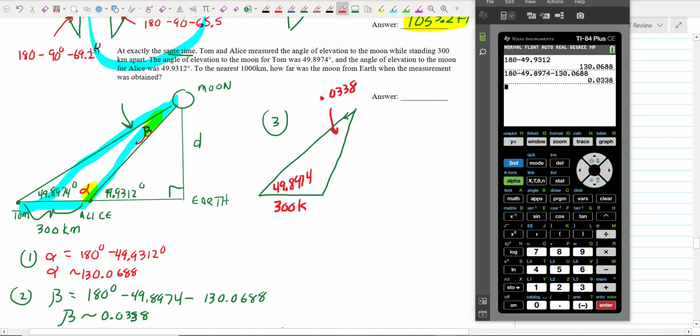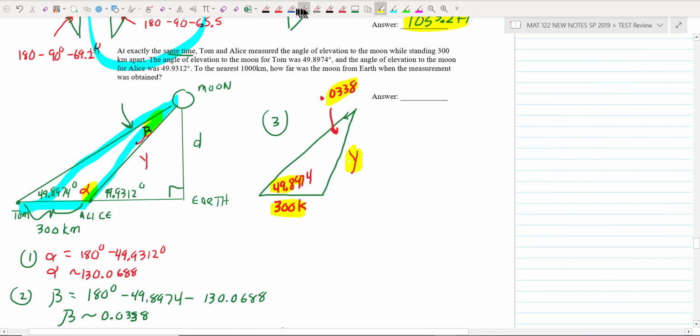Now we could figure out this side. I'll call it the hypotenuse. No, that's not a hypotenuse, it's not a right triangle. I can call it whatever variable I want, so I'll call this y. Notice I have enough information: I have an angle and the side opposite, then an angle and the unknown side opposite. Those three things allow me to use law of sines.